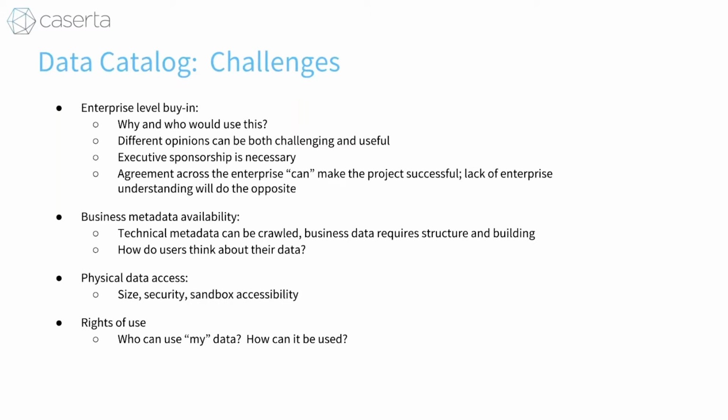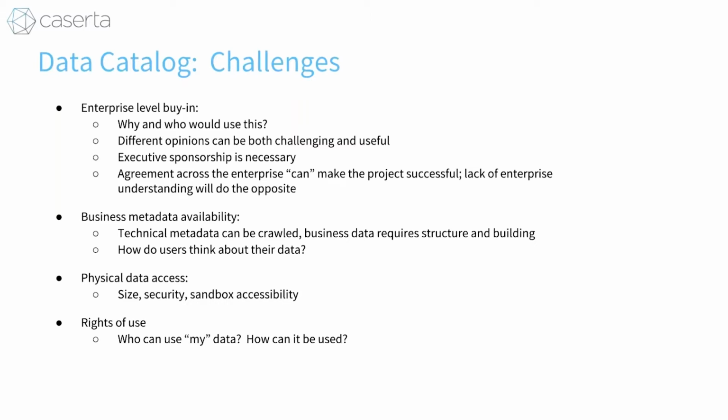The physical data access: if you're going to use that catalog to actually get to your physical data, you want to think about how you're going to do that based on size, how large is that data. If my user requests 50 gigabytes of data, how long will it take to get to them in a sandbox or other environment? What's the security on that data?